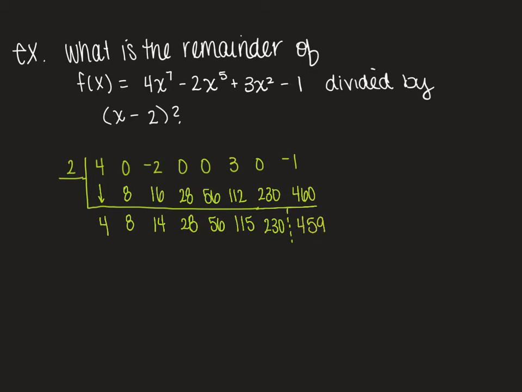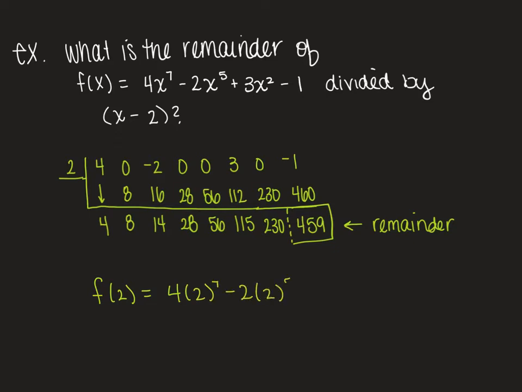459. So that's telling us that this value here, not only is it our remainder, but our remainder would also be whatever we get if we were to just plug in 2. So this is our remainder. Let's try to prove that point. If we plug in 2, we're going to have 4 times 2 to the 7th minus 2 times 2 to the 5th plus 3 times 2 squared minus 1.